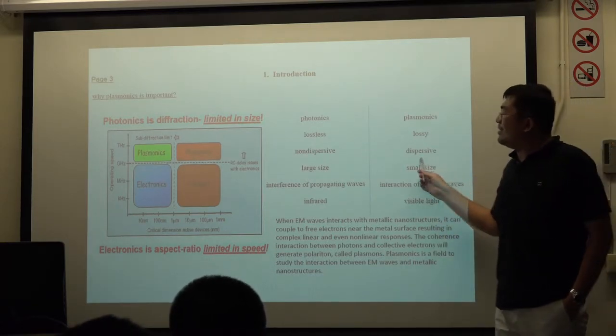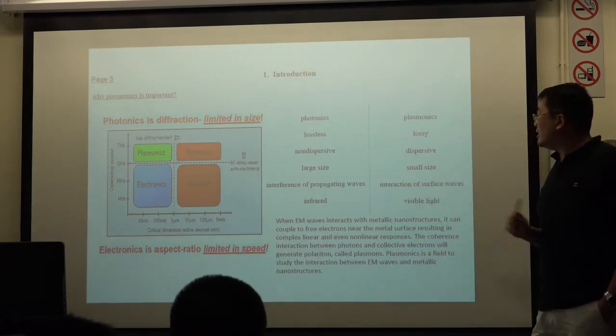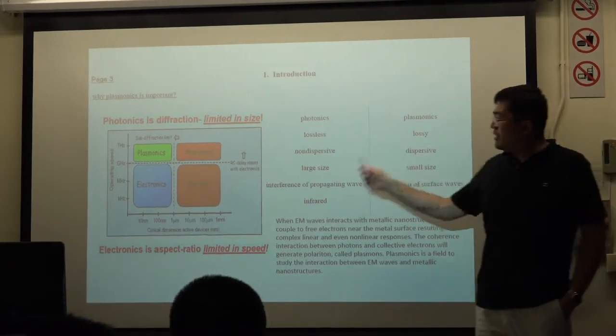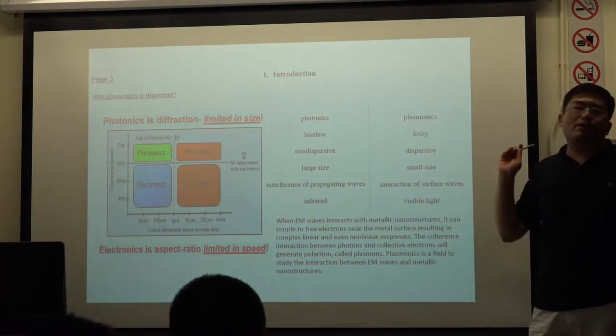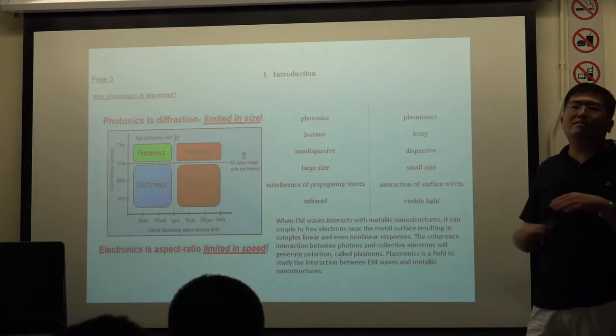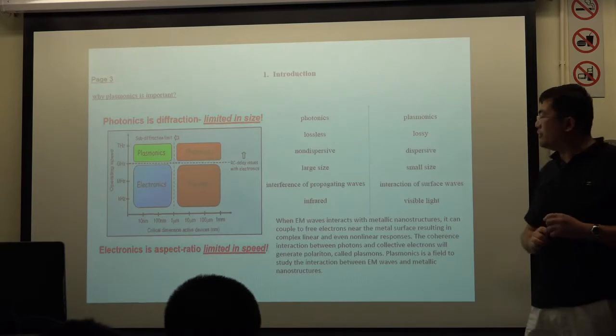But plasmonics can achieve very small size. They can break the diffraction limit. Another difference: it is not interference of a propagating wave, but interaction with a surface. This is a quite different field.